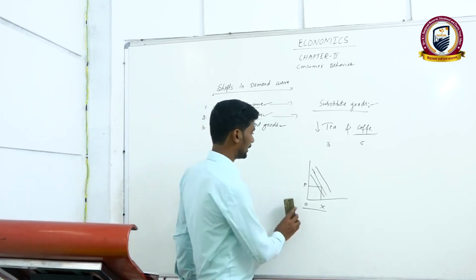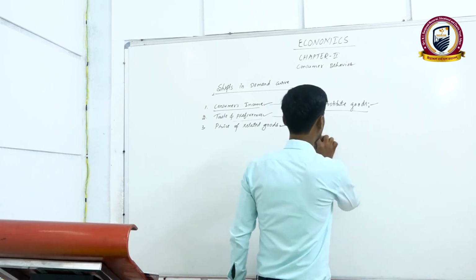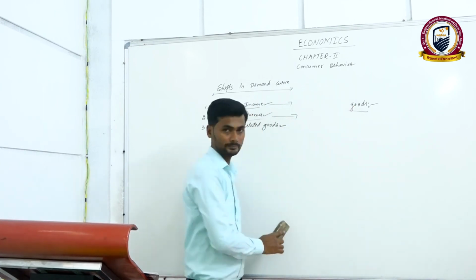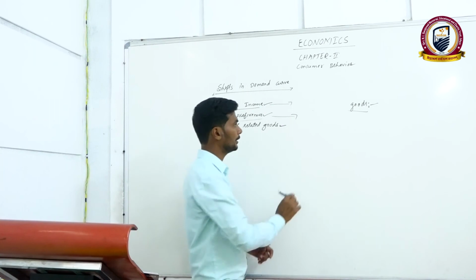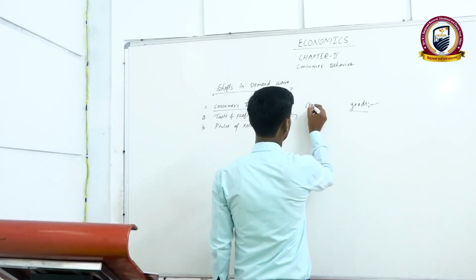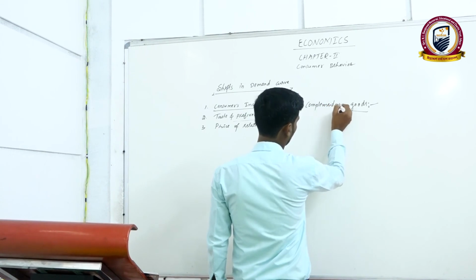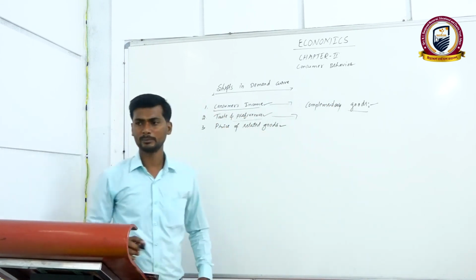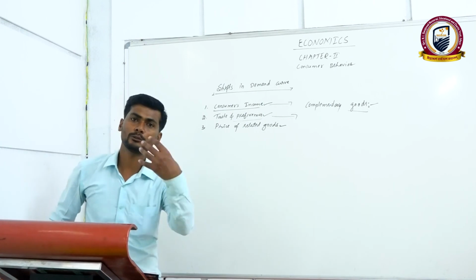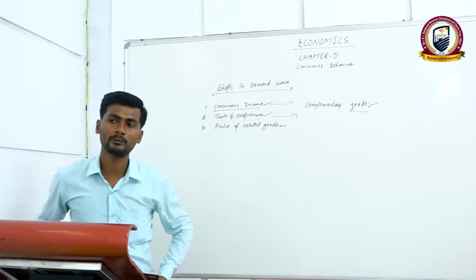And now another type of good in related goods, that is complementary good. What is complementary good? Complementary goods are those which can be used together. Two goods are used together.